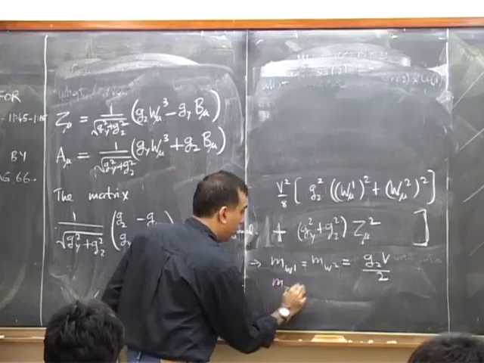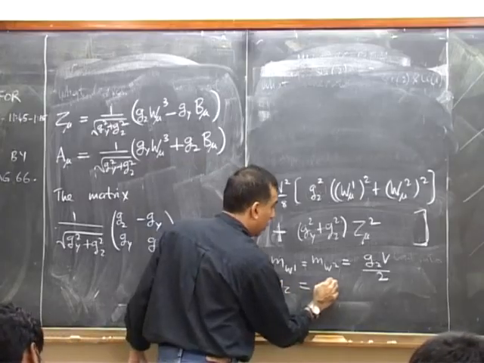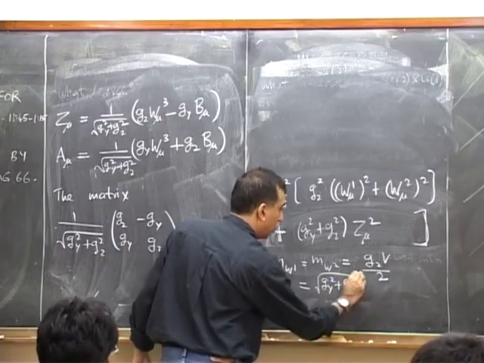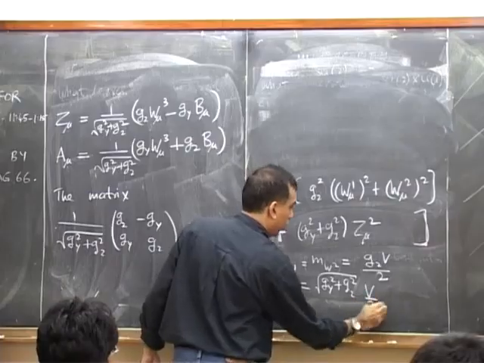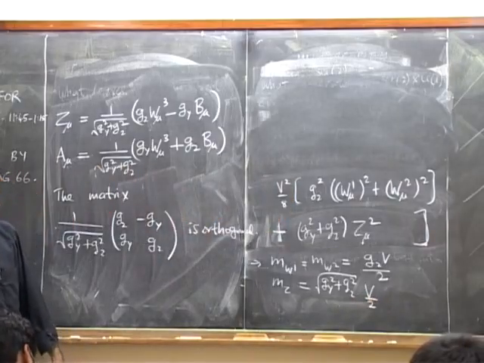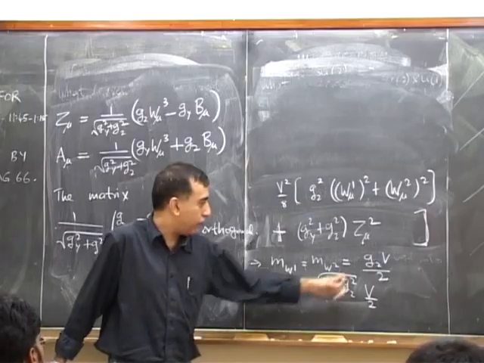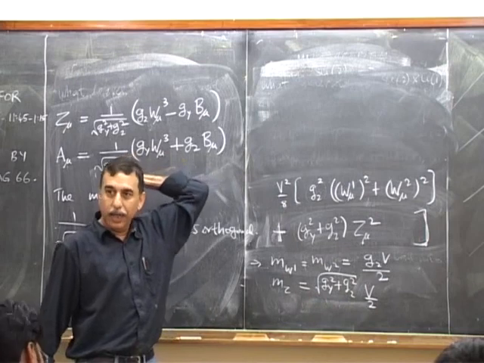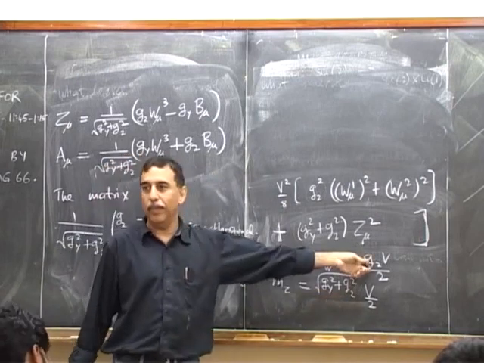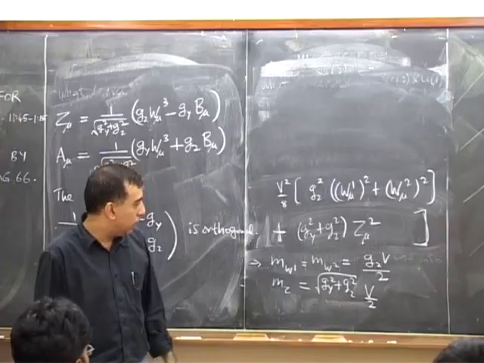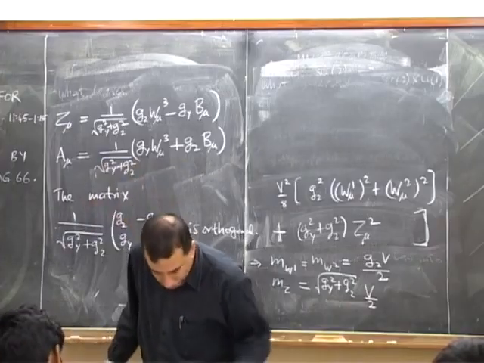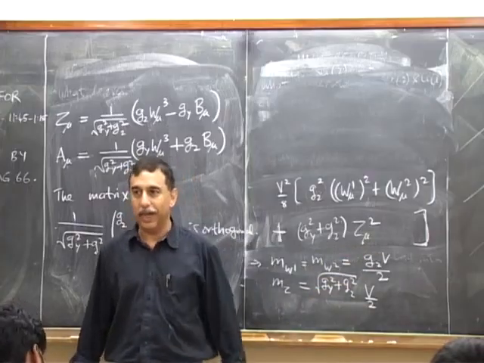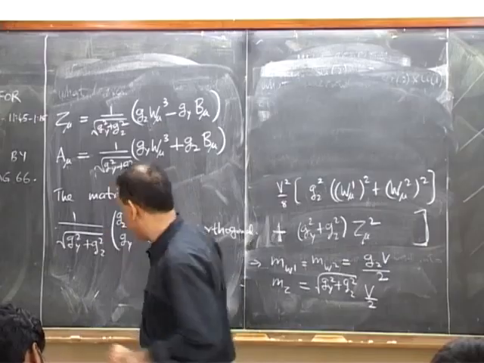But the mass of Z is different, and M_Z is the square root of g_Y squared plus g2 squared times v by 2. So the mass of the Z differs from the mass of the W by an extra g_Y, and we see that it's strictly more massive. It's nice that we have really not done anything that can be called phenomenology, but we've already seen a true experimental fact coming out. We are still building up to the phenomenology.